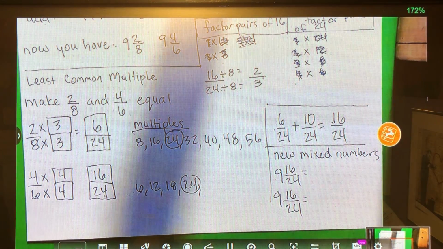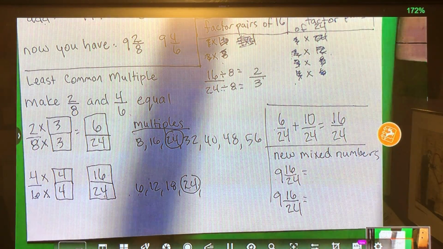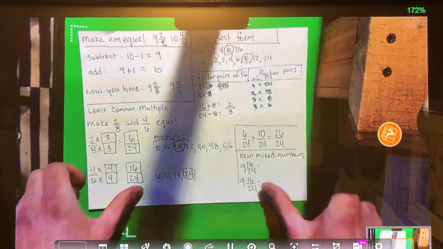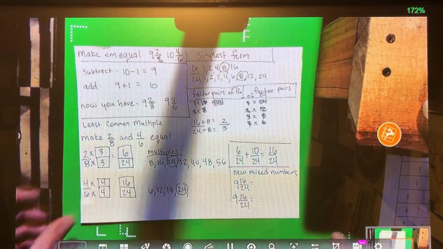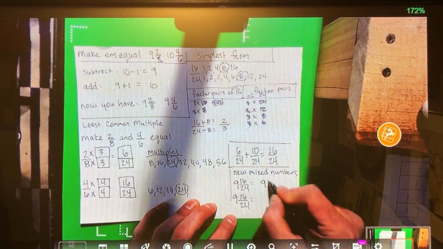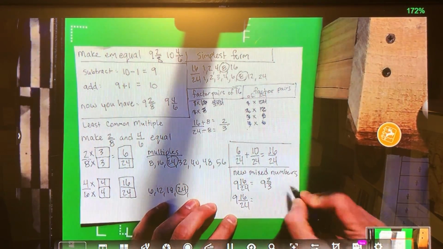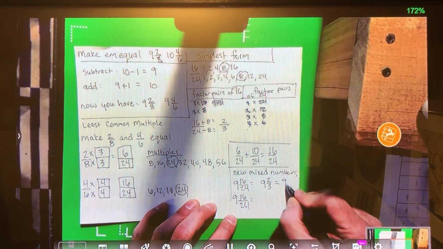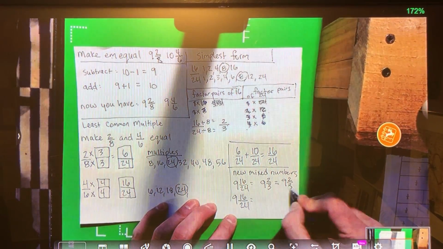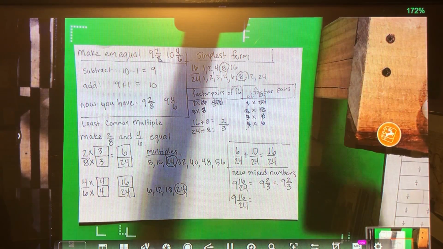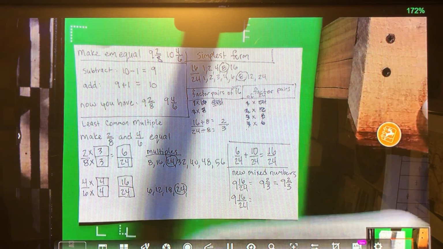It's kind of putting the cherry on top of everything else that we just did with our fractions, or our mixed numbers. So now we have 9 and 2/3 is equal to another 9 and 2/3. So we have just answered likely the most difficult part of number 12.